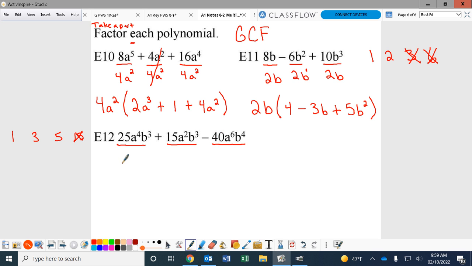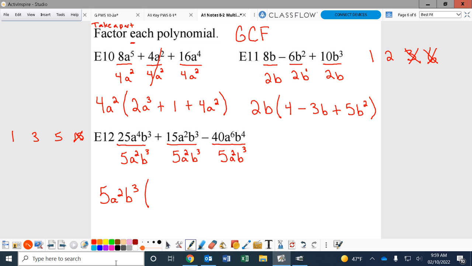Yep, so 5 would be the number that's out in front. What is the lowest power on the A's? 2. Okay. What is the lowest power on the B's? 3. That's your GCF. That number is going to go in front of your parentheses.